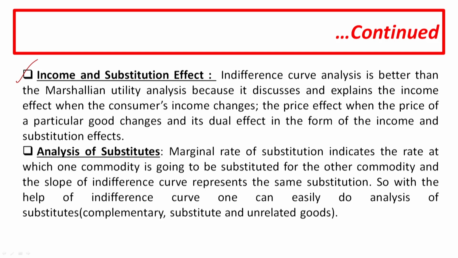No doubt, this theory assumes the income of the consumer and the price of the product need to be constant. But if there is any change in the income of the consumer, or any change in the price of the commodity, then what will be the change? That is shown with the help of income effect and substitution effect.